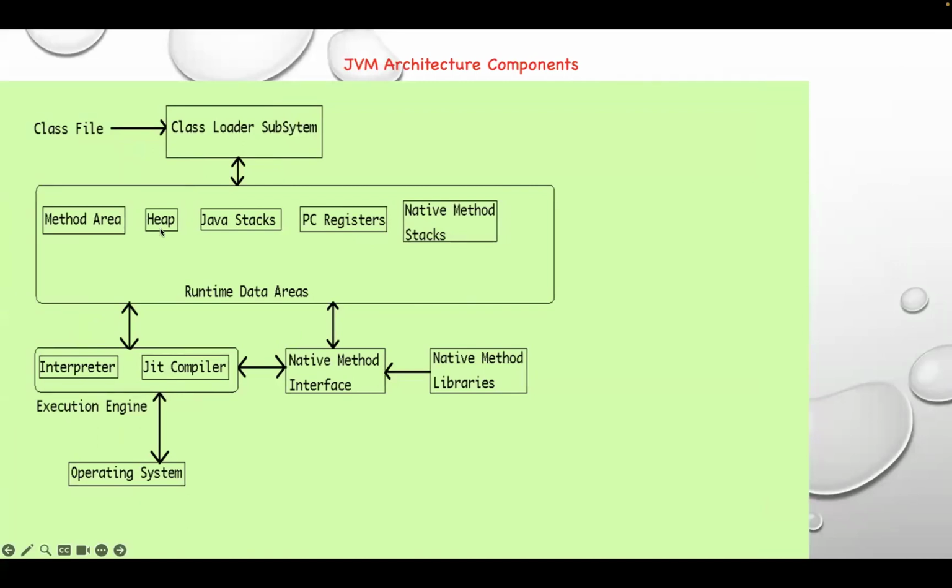Now, second, heap. What is a heap? Yesterday we said Java is a pure object-oriented programming language, so we need to write Java programs using class and object concepts. Heap is the memory allocation where objects are stored. This is the area where objects get created.